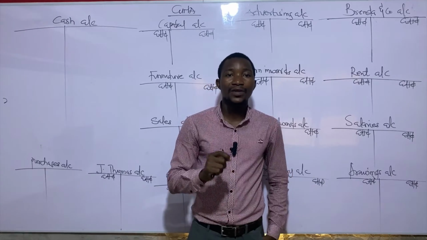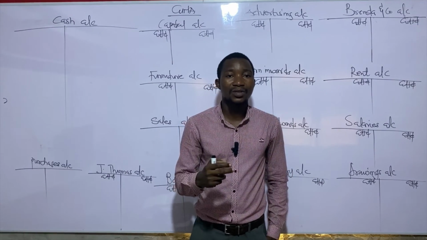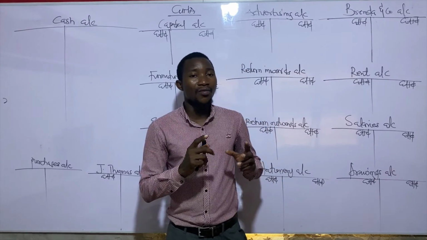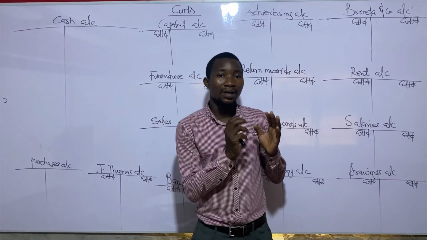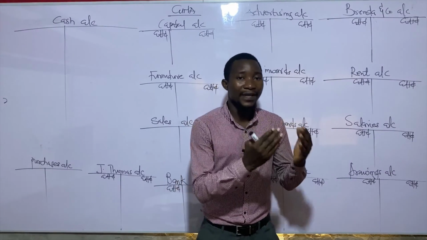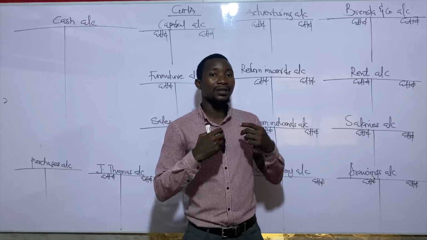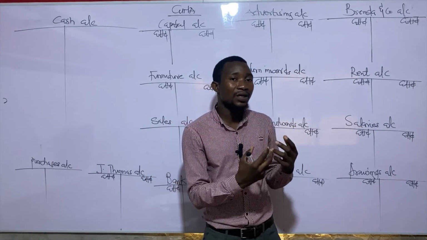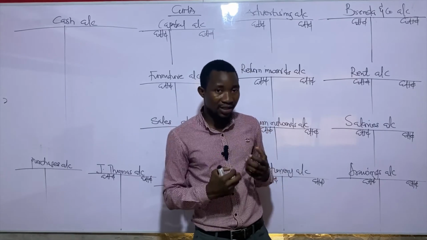So in this particular video, Gina started business with capital of an amount of 160,000. We are to use what we call the real account over here. We debit what comes in. When the business introduces capital, cash is coming into the business. So we are to debit cash account because cash is coming in.